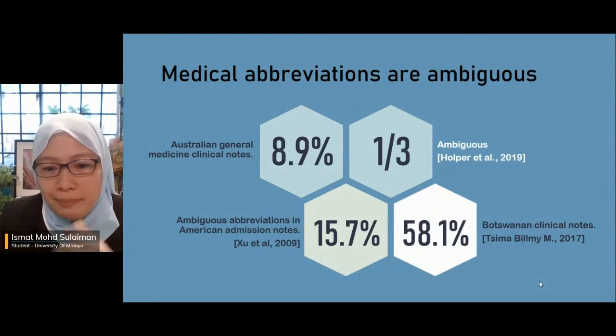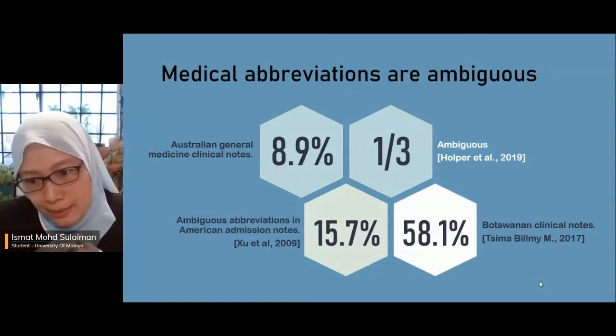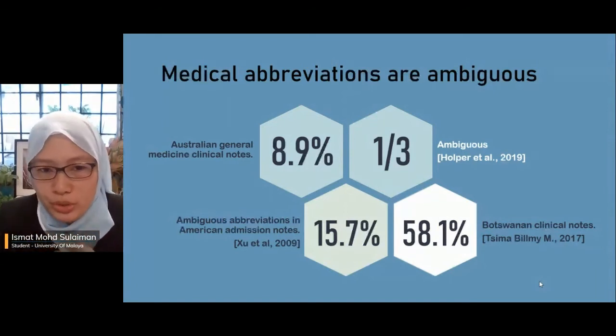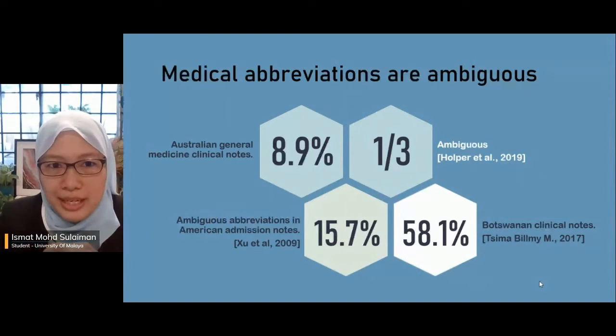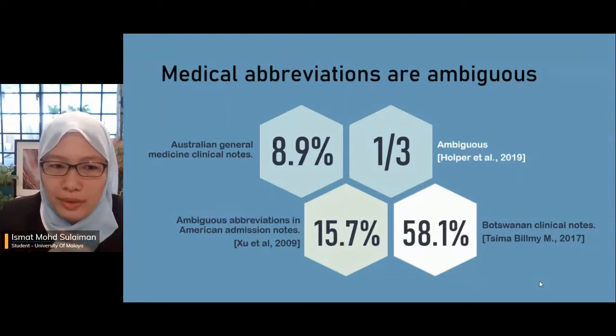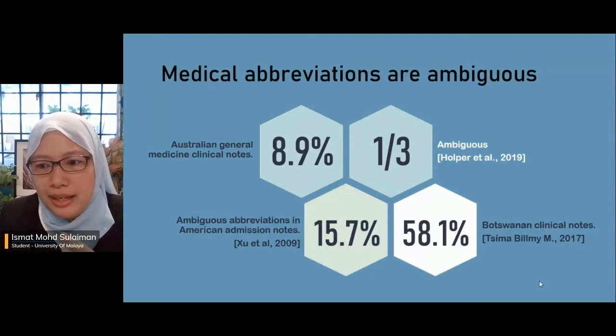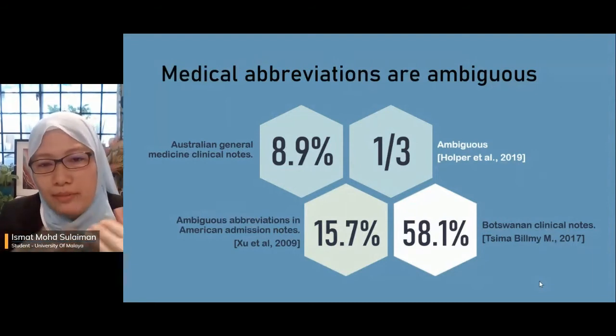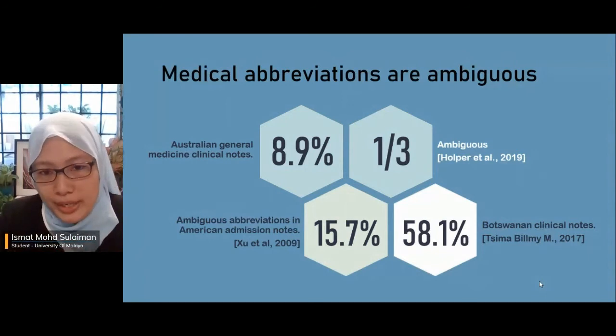So my study tried to look at Malaysian medical notes, because in Malaysia we do use English, a mix of UK and US spelling. Basically, 20-30 years ago, most of our doctors were not only trained in Malaysia, but also had a lot of external training.